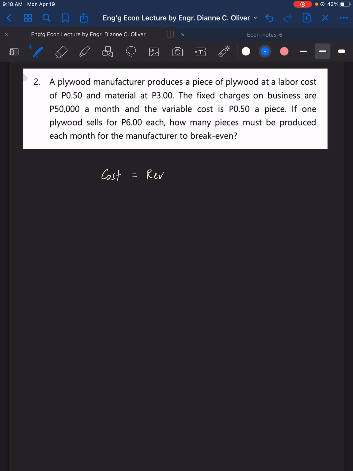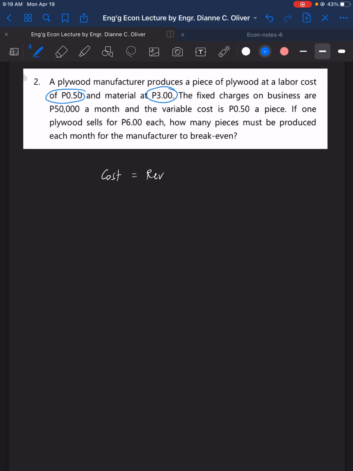There's a labor cost of 50 cents and 3 pesos per piece of plywood. So 0.50 and 3 pesos per piece of plywood. That is the cost.